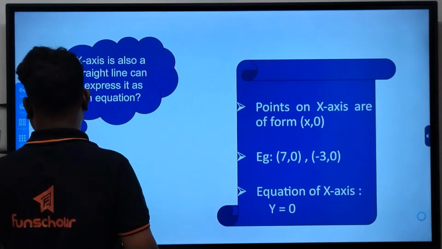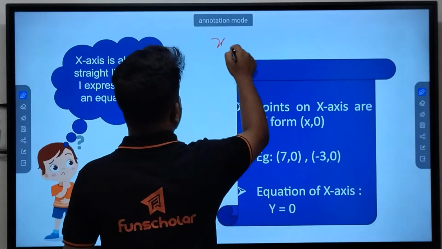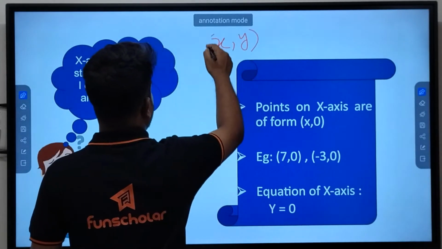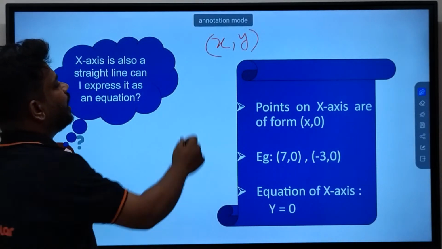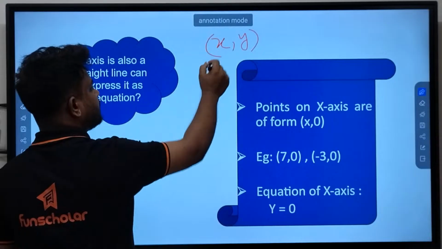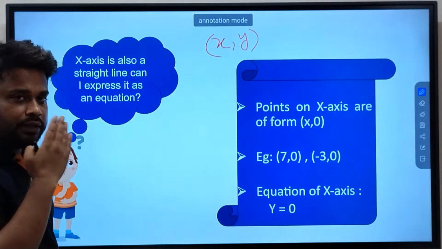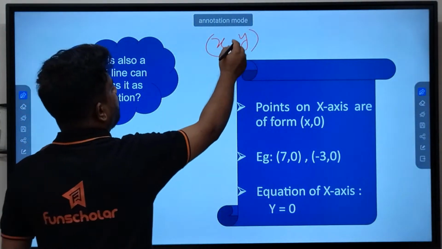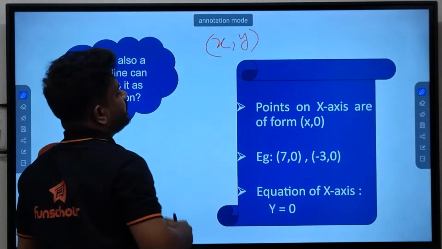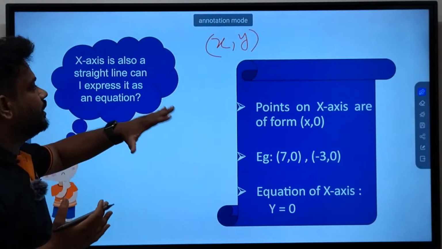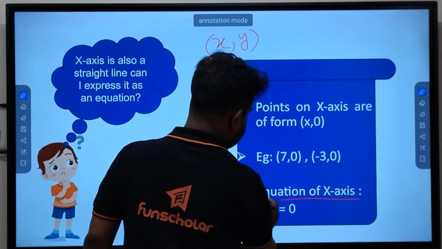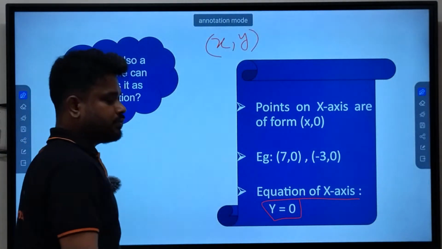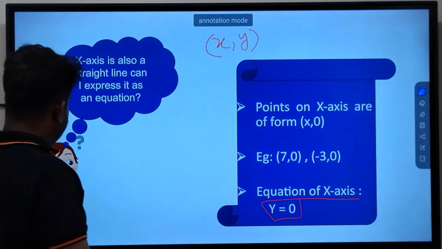A number in the x place represents the value in the x part, and a number in the y place represents the value in the y part. So the equation of the x axis will look like this, that is, y equals 0. Okay, right.